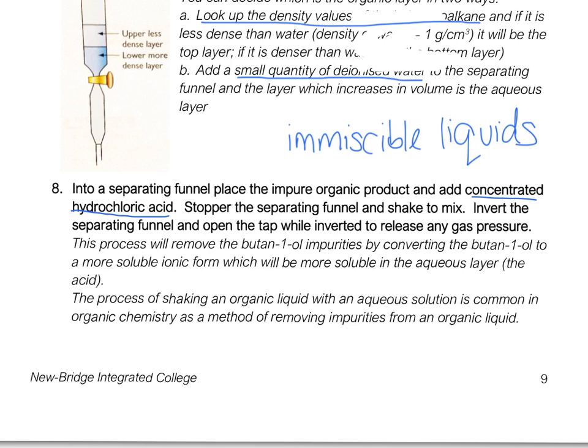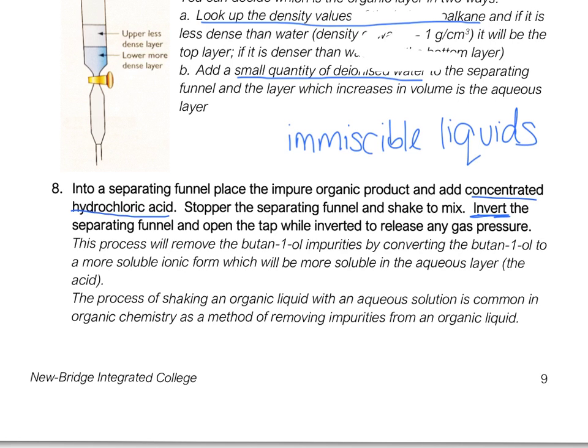The next step is important to include: we stopper the separating funnel and we shake it in order to mix it. Obviously it's important to put the stopper in so that when we shake it we don't lose any of our product. We do that by a process of inversion.